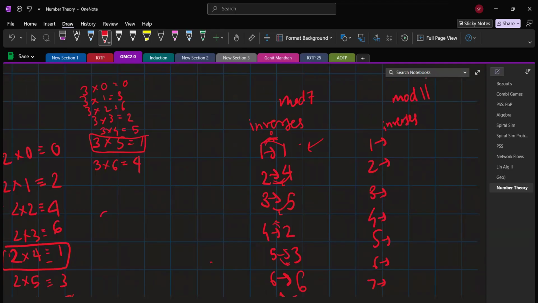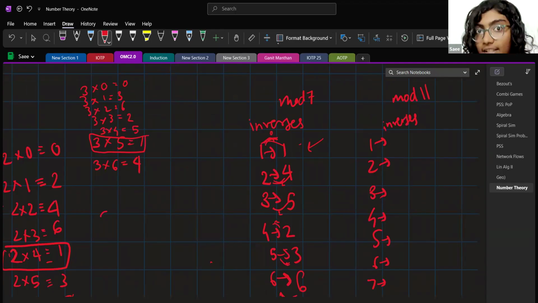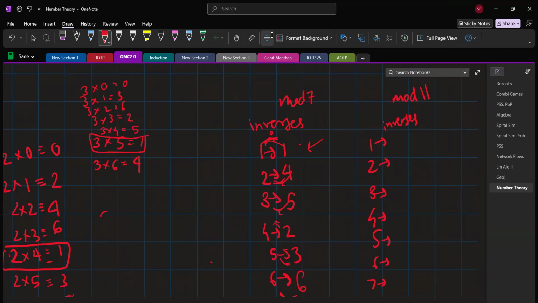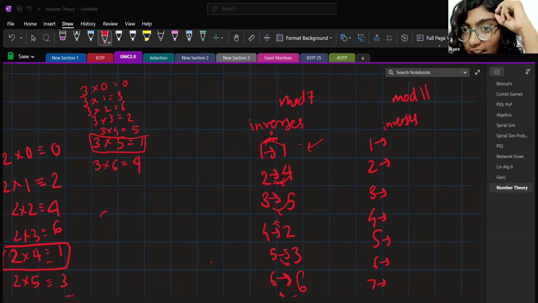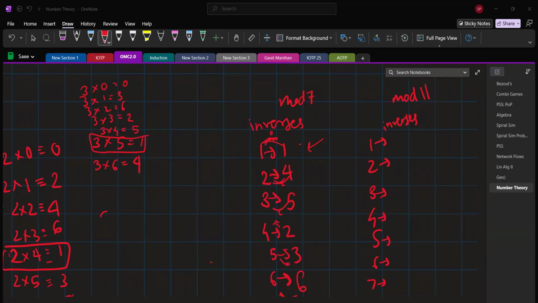Didi, I have a doubt. Yeah, ask. Actually, when was modular arithmetic invented? Is that what you're asking? Yeah, at which time? I actually have no clue about this. We can Google it.